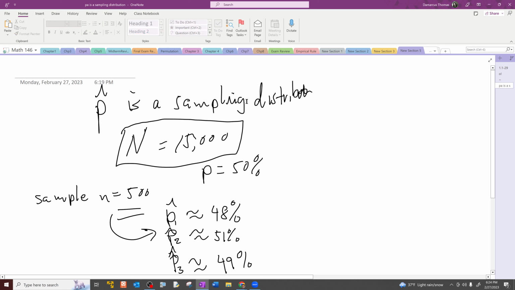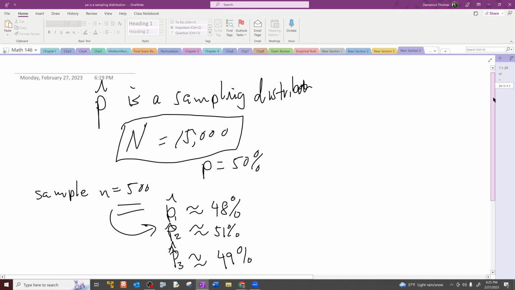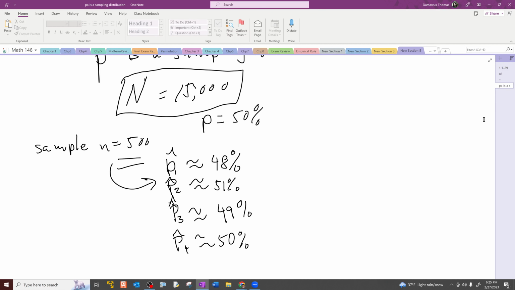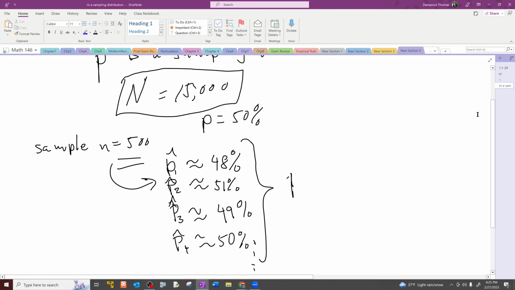So let's do that. We go over and over and over, all the way down. That's the actual sampling distribution.